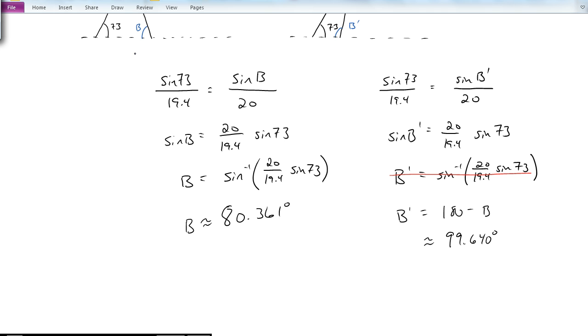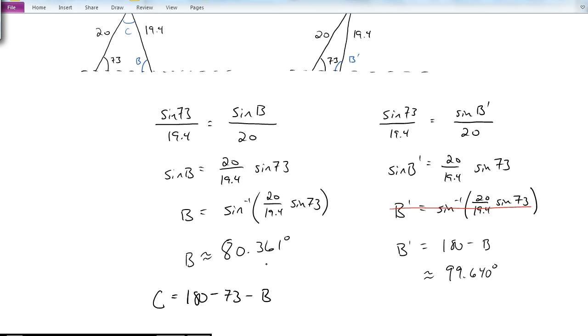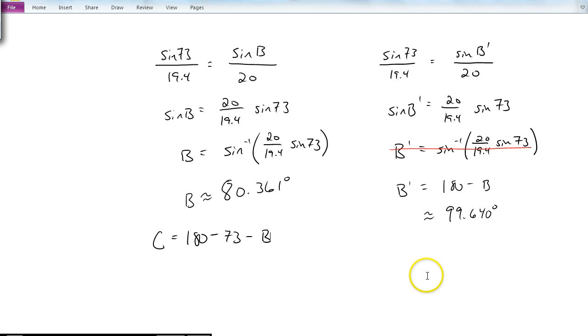Okay, so when I do that real fast, I'm going to write down over here that angle C is equal to 180 minus 73 minus B, because I know that the three angles have to add up to be 180 degrees. So that's a quick little computation.